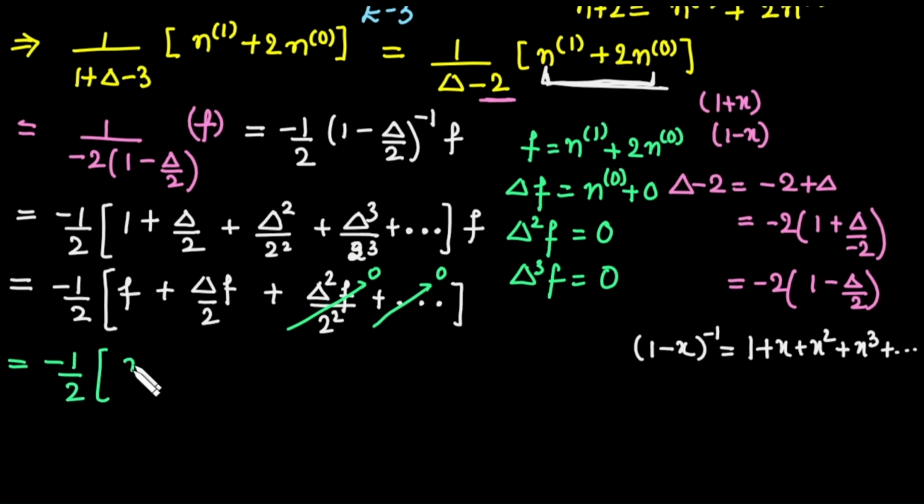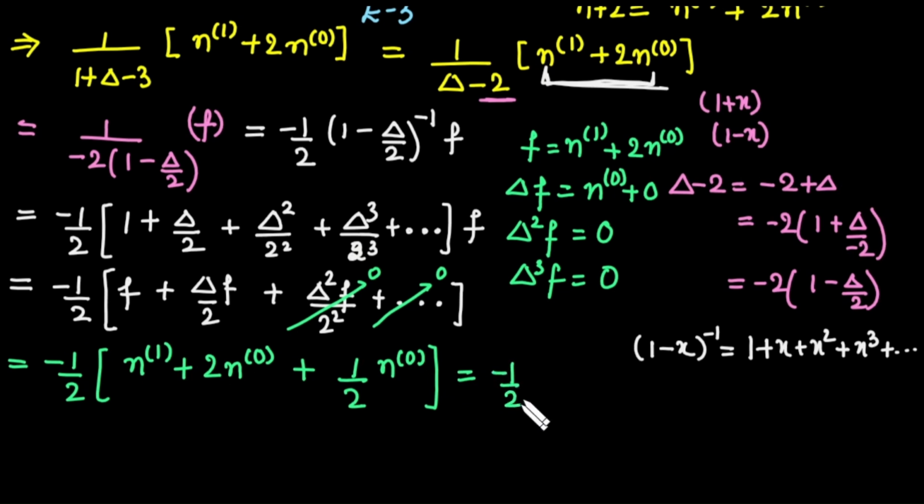From here, we can just simply put the values of f and delta of f. So we can write n raised to power 1 factorial polynomial plus double of n raised to power 0 factorial polynomial plus 1 by 2 times delta f, which is replaced by n raised to power 0 factorial polynomial. Simplify this. This is minus 1 by 2 n raised to power 1 factorial polynomial plus 5 by 2 n raised to power 0 factorial polynomial.